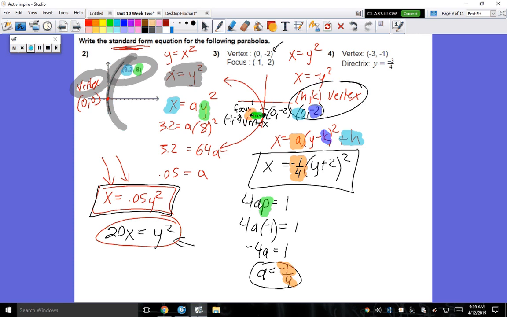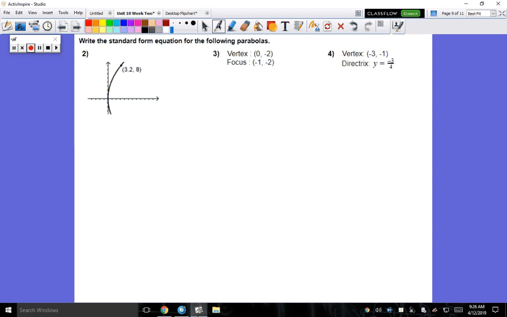Alright, so let's make some room. Let's do this last one. We're going to do a quick sketch, and the sketch is going to show that the vertex is (-3, -1). And now this dashed line of the directrix is y is equal to -3/4.